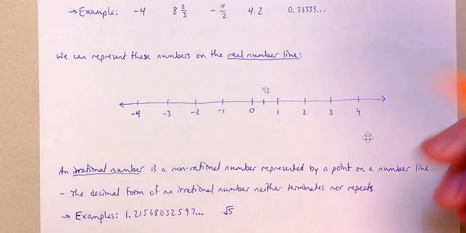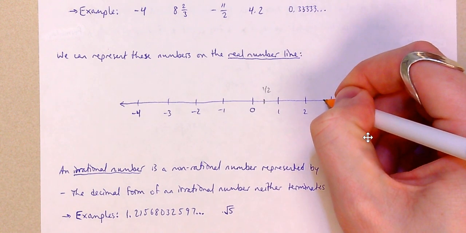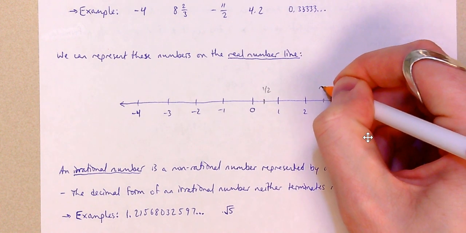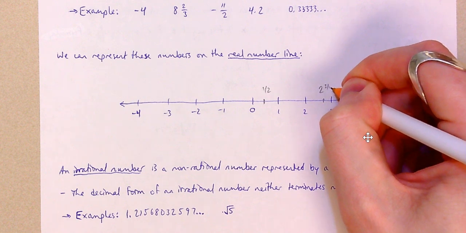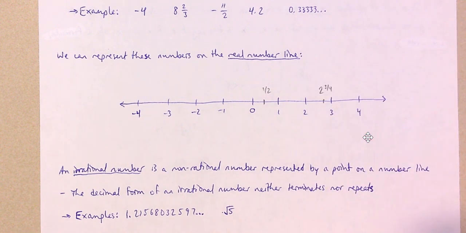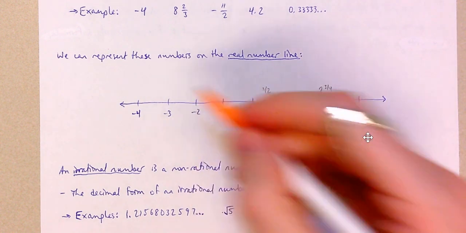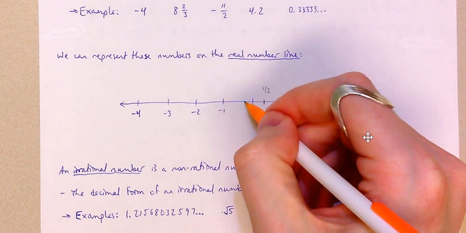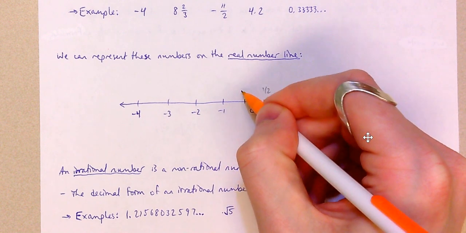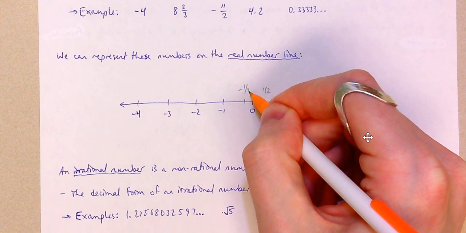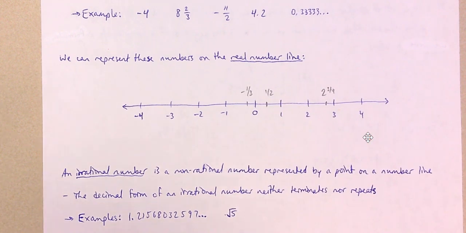We can go 2 3/4. We can go -1/3. And we can plot any other numbers that we wish on here. Just put the tick mark and then put the number there as well.